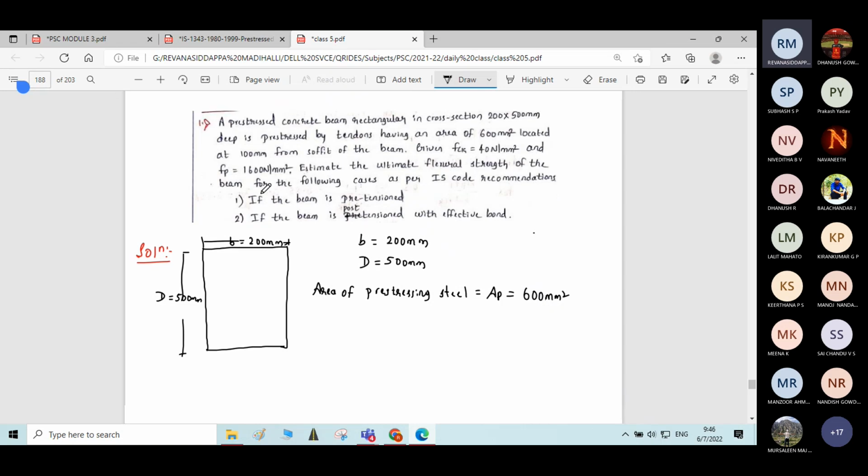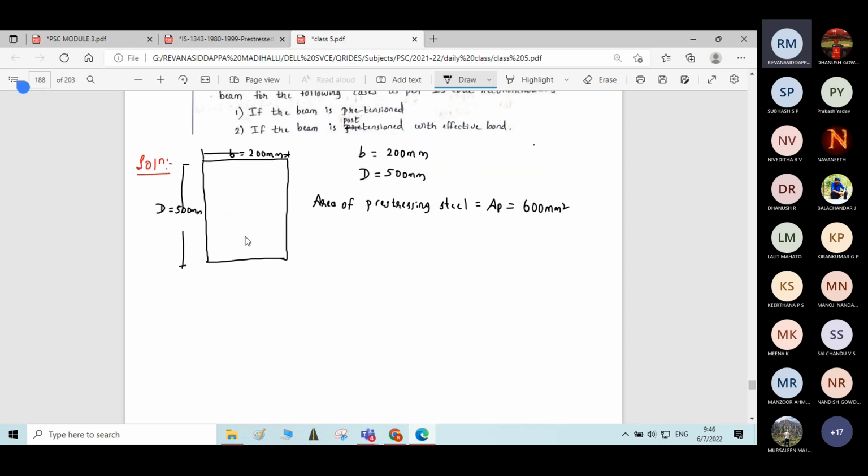Located 100 mm from soffit of the beam. Okay, this area of pre-stressing steel is located at a distance of 100 mm from the soffit of the beam. Means the effective depth d becomes how much?